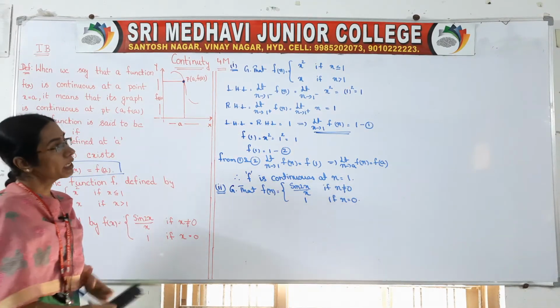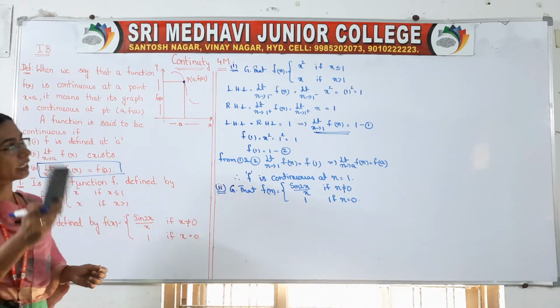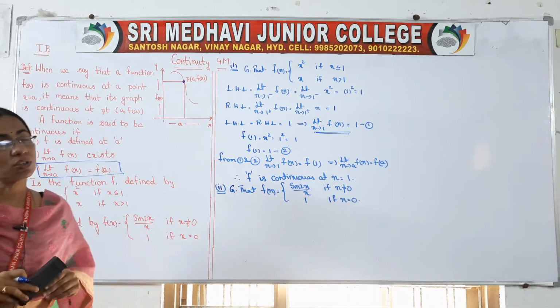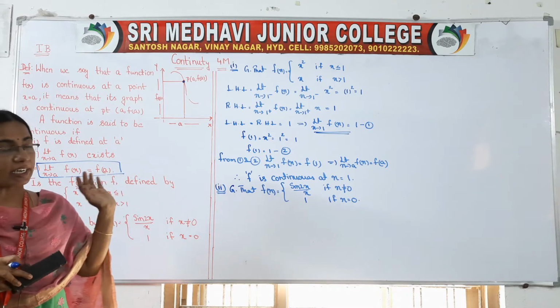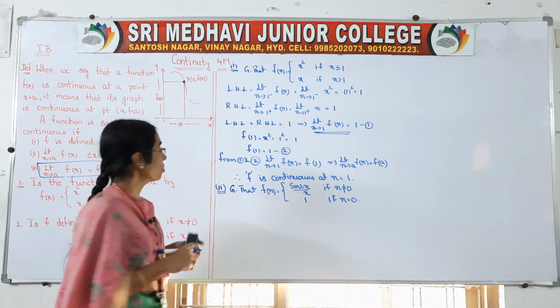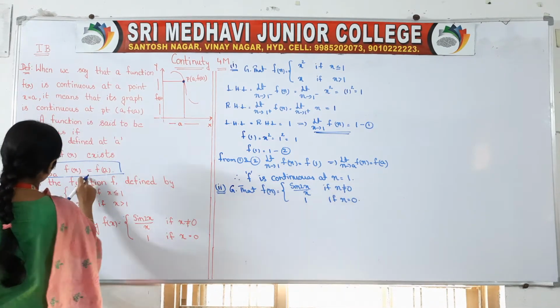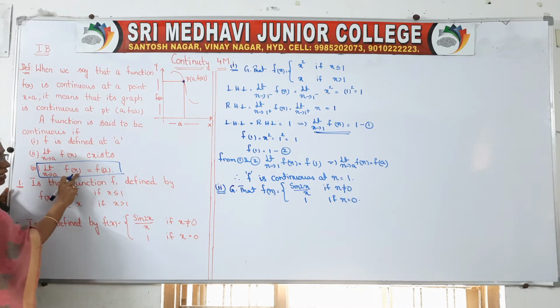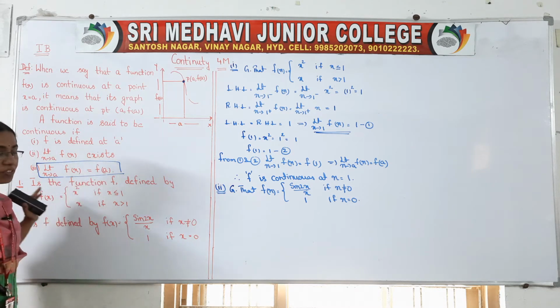In the previous problem, less than and greater than were given to you, so you go to the left hand limit and right hand limit. If less than and greater than are not given, go to your third condition: try to get the limit as x tends to a of f of x is equal to f of a.